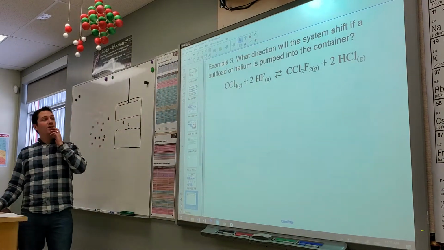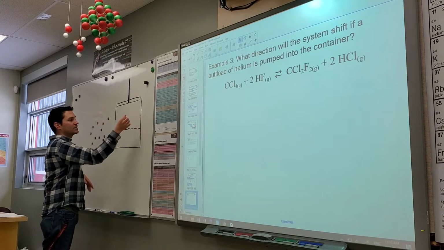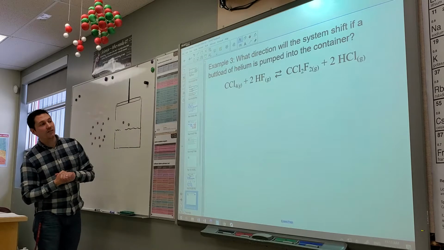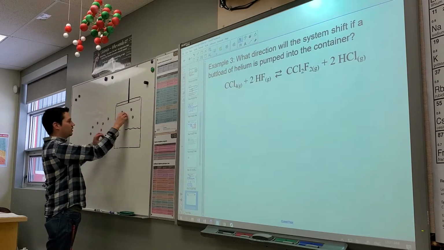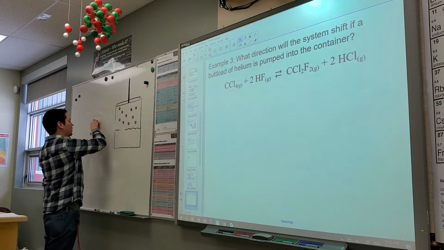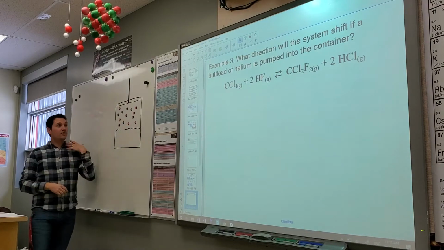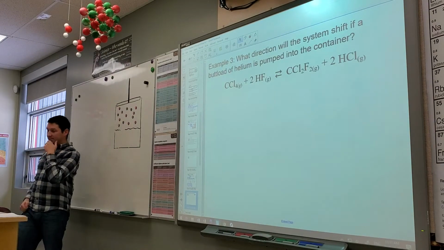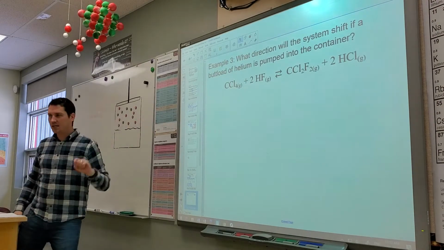What direction will the system shift if a metric buttload, that's an actual unit, of helium is pumped into the container? Okay. So we've got our equilibrium system. There's water down here, but nobody cares about it because it's not in the equation.